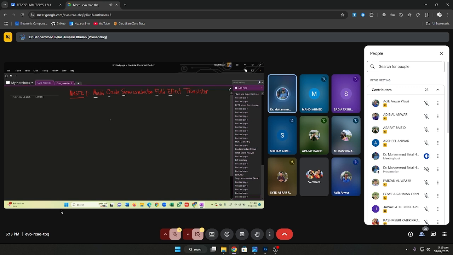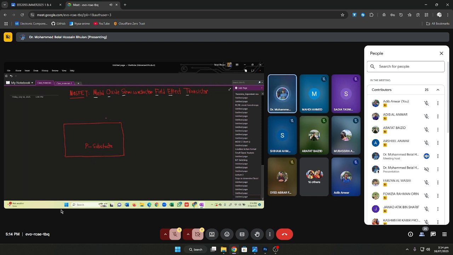Let's start with a very simple construction of the device. So we have a P-type material. We call it P substrate. That means there are plenty of holes inside the P material. So how do we get P-type material?